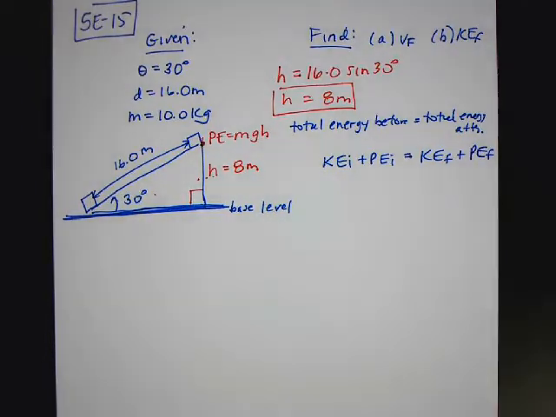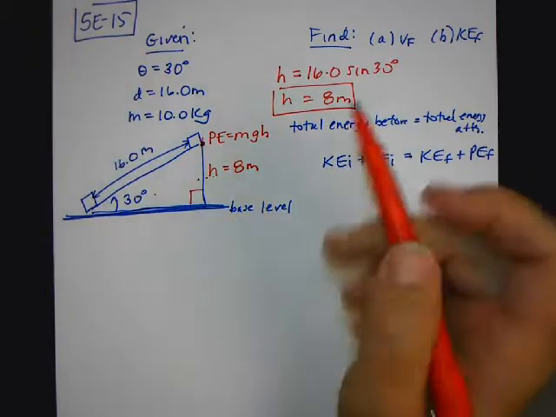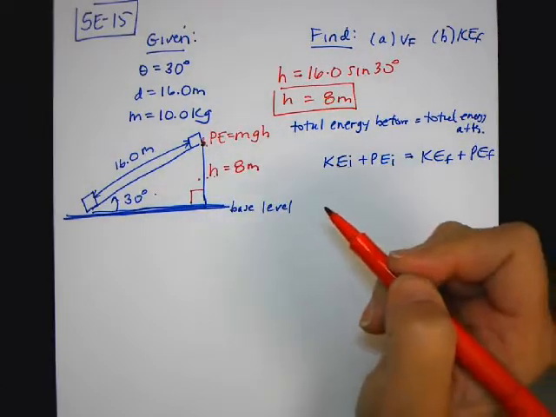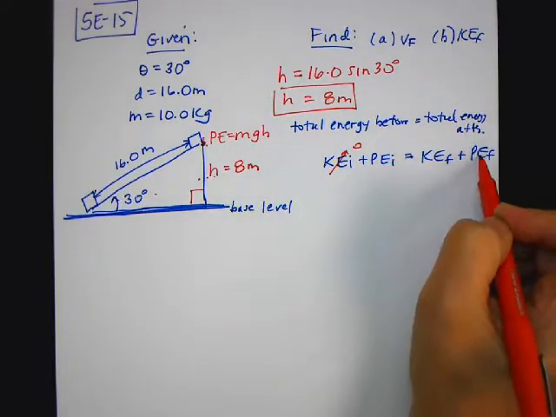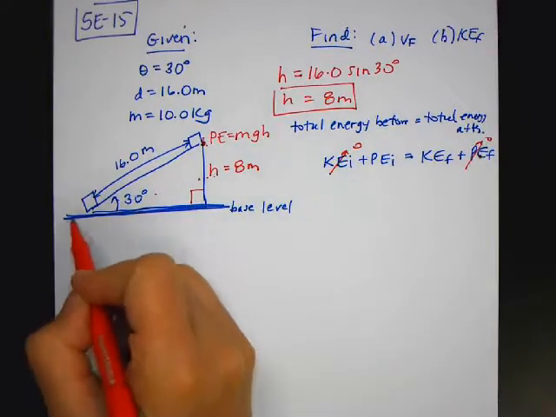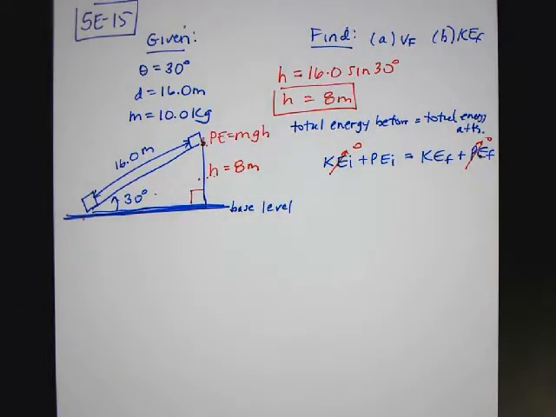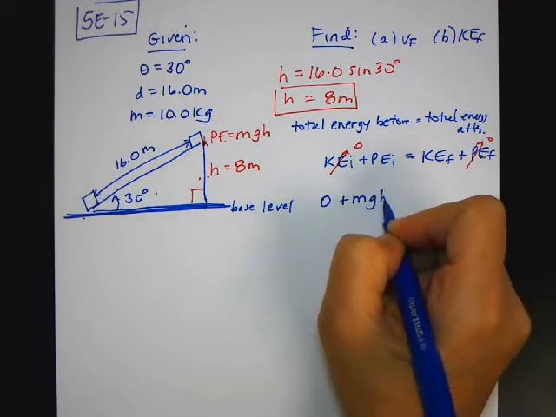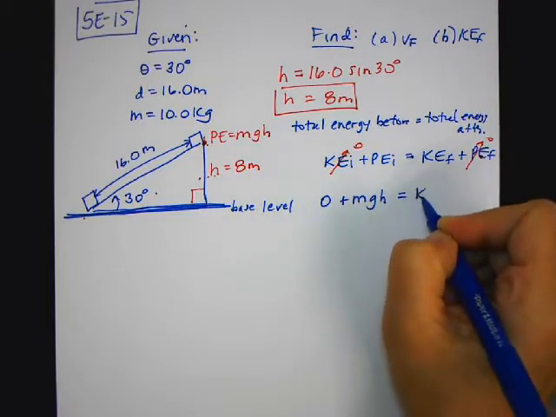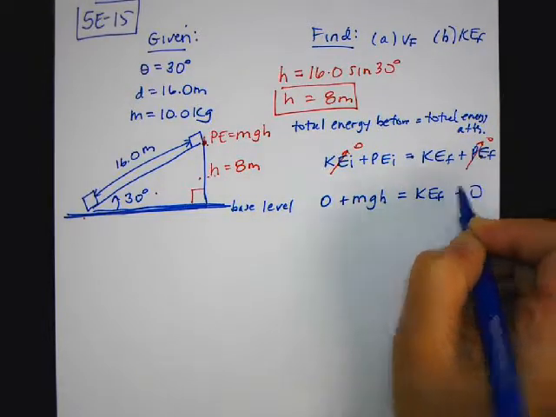Now, before I start plugging in and simplifying that, kinetic energy at the top is 0 because it's not moving. The potential energy at the bottom is 0 because it's going to be at the ground, where we're going to say that the height is 0. So now we know that 0 plus mgh is equal to KEF plus 0.